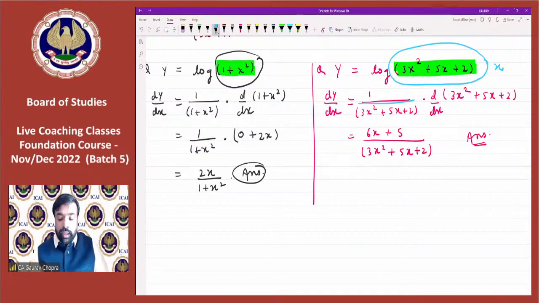So we can write 1 divided by this complete value, and then multiply by its derivative. So it is 3x square plus 5x plus 2. We can write 3x square as 6x, and 5x will become 5. So this becomes the final answer. Okay.